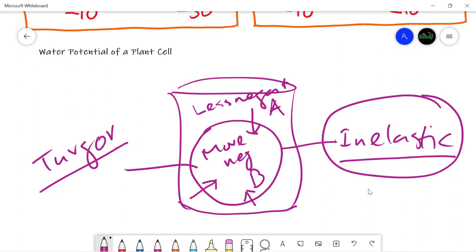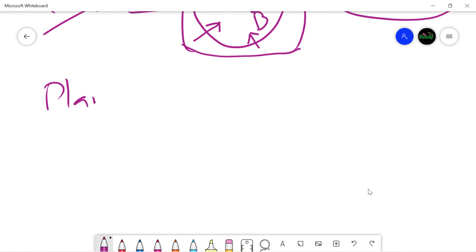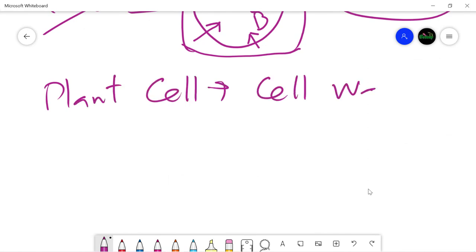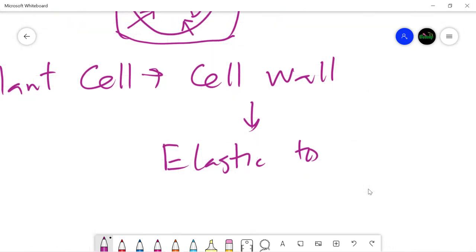But we are discussing all this to explain the movement of water into a plant cell, into the plant. So when a plant absorbs water, the situation is not like this. It is somewhat different. The plant cell is surrounded by a rigid wall, the cell wall, but the cell wall is elastic to a certain degree, to some extent.